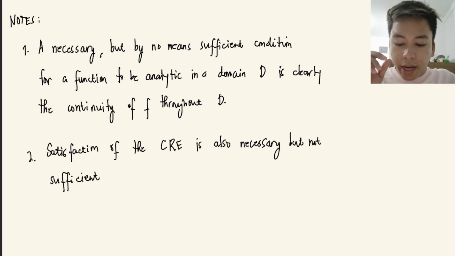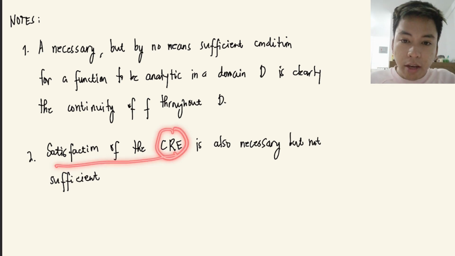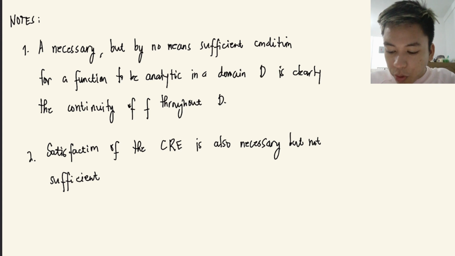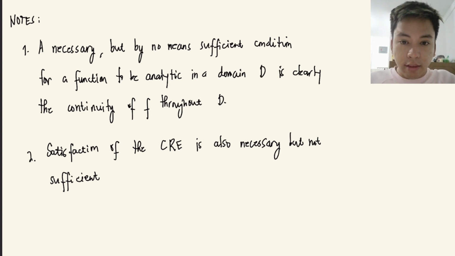Number one, a necessary but by no means sufficient condition for a function to be analytic in a domain D is clearly the continuity of f throughout D. Number two, satisfaction of the CRE, the Cauchy-Riemann equations, is also necessary but not sufficient.